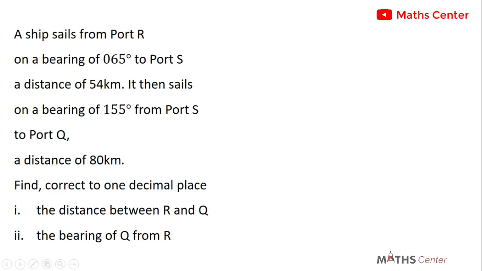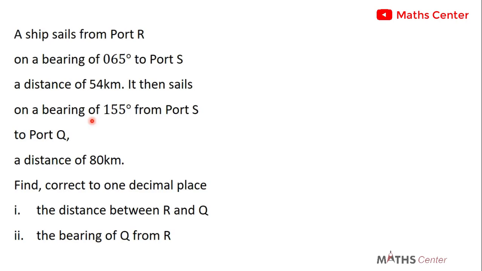A ship sails from Port R on a bearing of 65 degrees to Port S, a distance of 54 kilometers. It then sails on a bearing of 155 degrees from Port S to Port Q, a distance of 80 kilometers. So we are going to draw a diagram to represent this information.